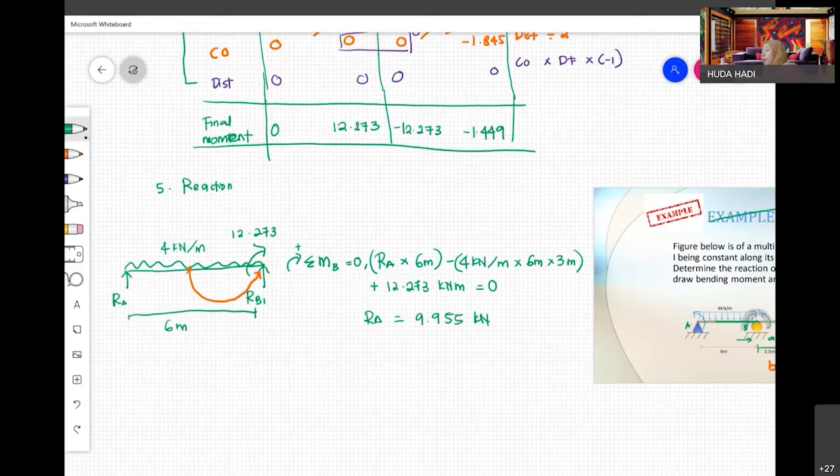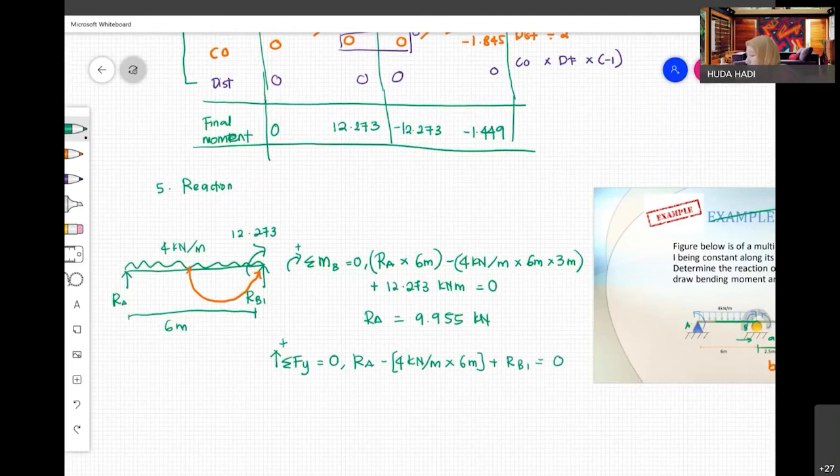So RA is 9.95, then we can find the value of RB1. You nak pakai moment equation, nak kira RB1 pun boleh sebenarnya. Force equation lebih senang daripada moment equation. So RA going up, then we have one force, which is the UDL 4 kilonewton per meter, then for 6 meter kita kena darabkan, and then we have RB1 that we trying to find.